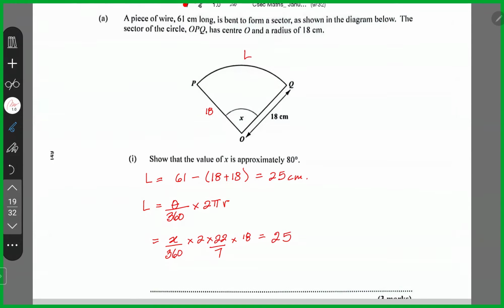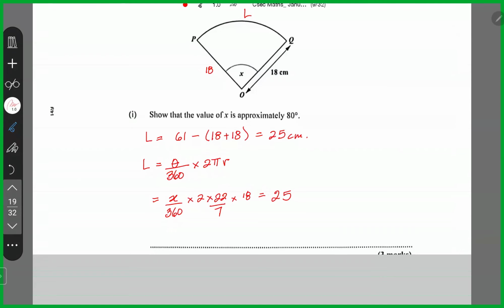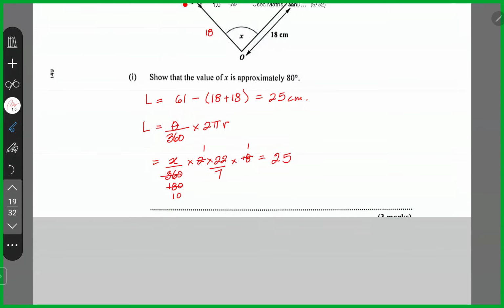And our objective is to determine what is X. All right, I guess we could cancel if we want. Let's cancel some stuff. 2 into this is 180. 18 into 180 is 10. 2 into 10 is 5. 2 into this is 11.